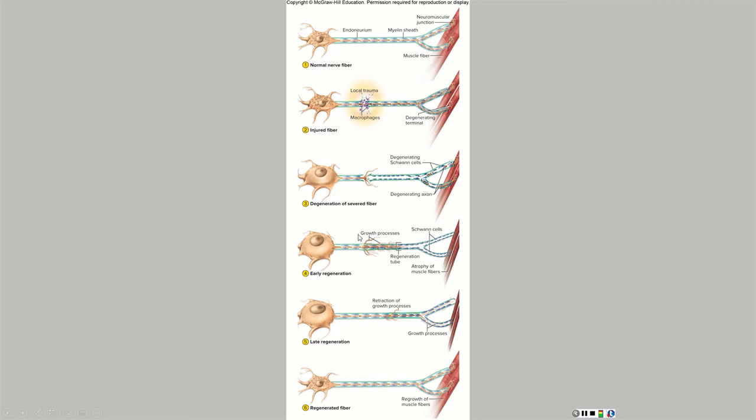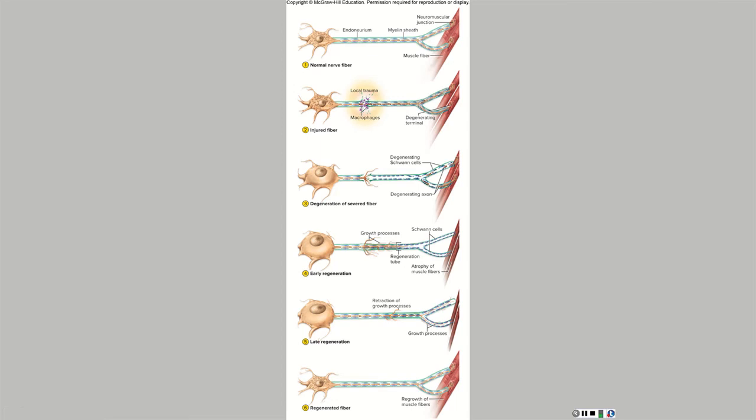The growth processes outside eventually kind of die off, but the axon continues to grow through the regeneration tube until eventually it reaches the end and we reform our synapses with this muscle. Once that's in place, the soma starts to shrink back down to a more normal size. And eventually this neuron is fully regenerated.